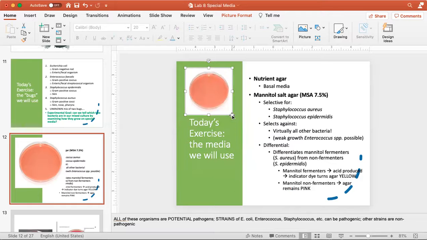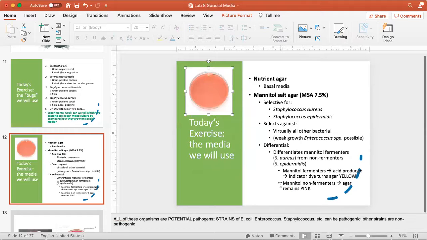Staph epidermidis can grow on MSA, but it doesn't ferment mannitol. So when Staph epidermidis grows, the media is going to stay pink. So we literally have a visual way to tell which one of those two species is growing.